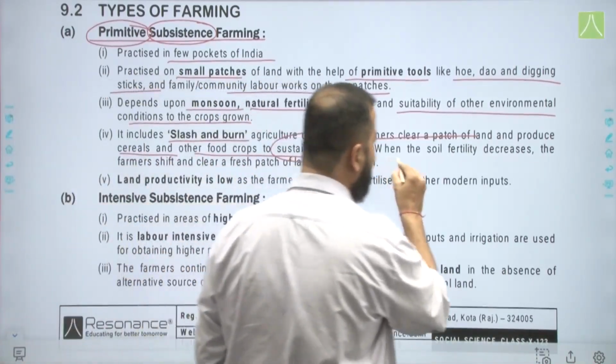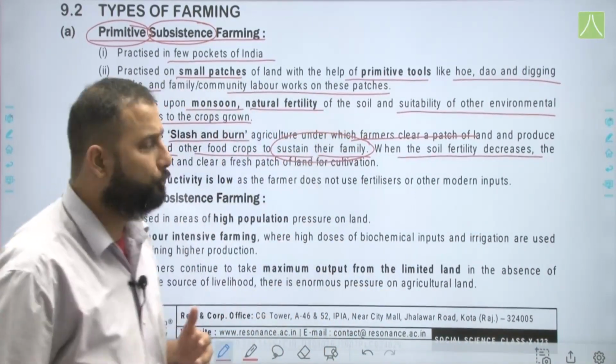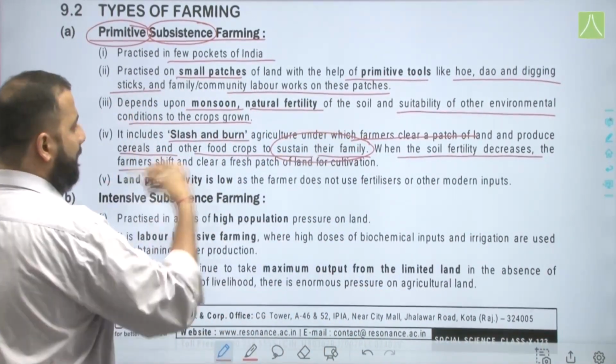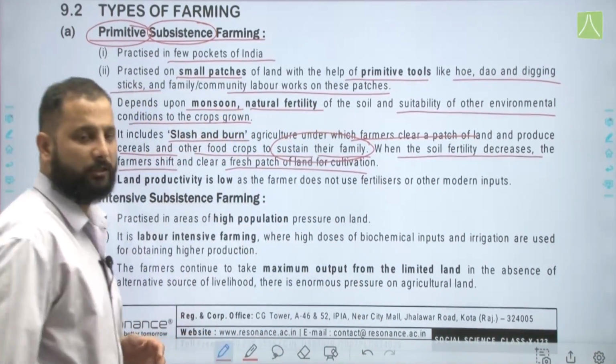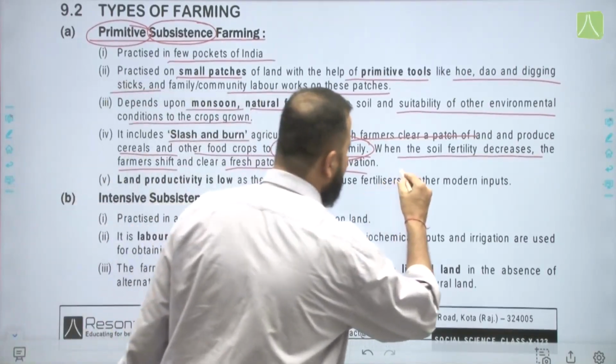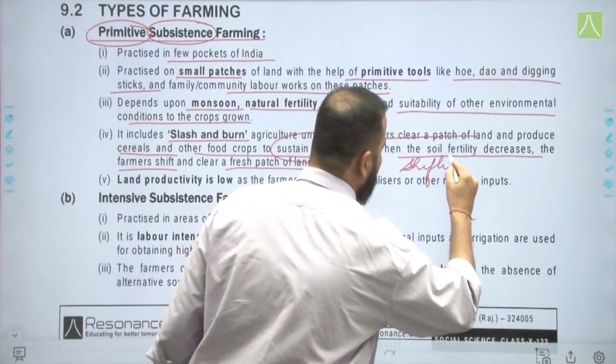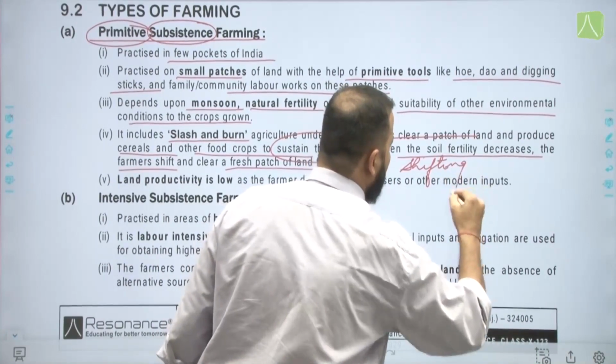When the soil fertility decreases over time with its usage, the farmers shift and clear a fresh patch of land for cultivation. Therefore it is also known as shifting cultivation, that is, people are shifting from one place to another.